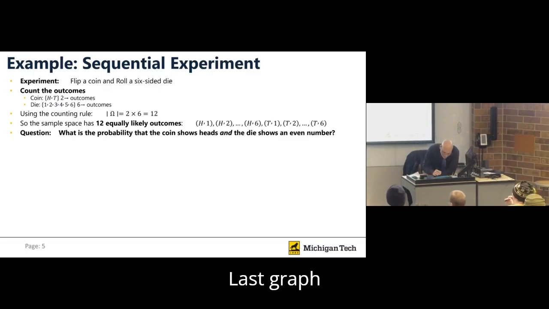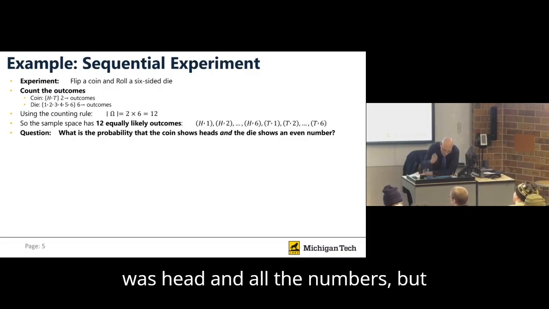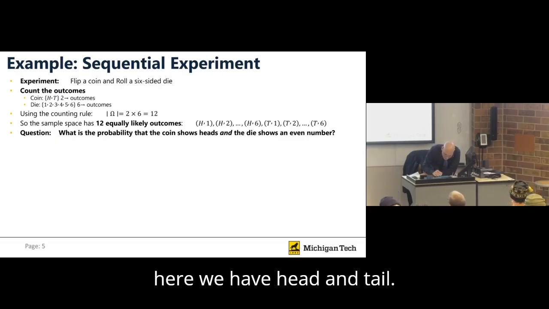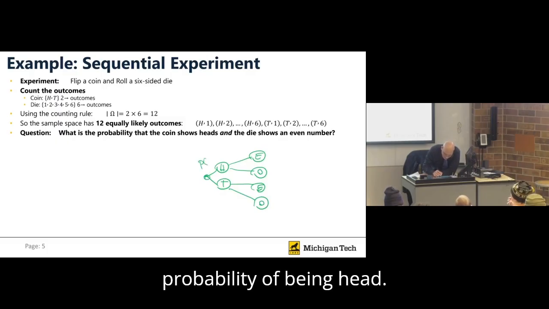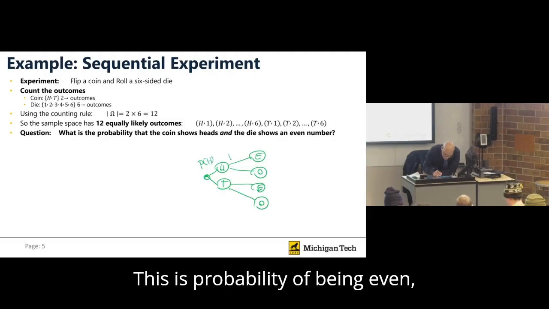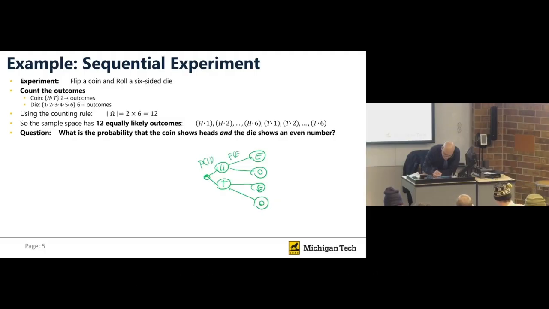Last graph was head and all the numbers. But here we have head and tail. But here we have even and odd. Okay? This is probability of being head. This is probability of being even, given head, and so forth.